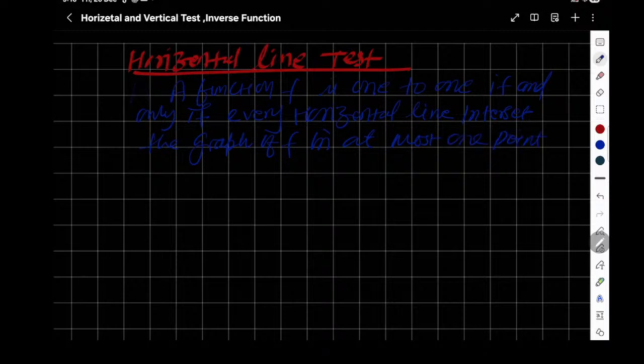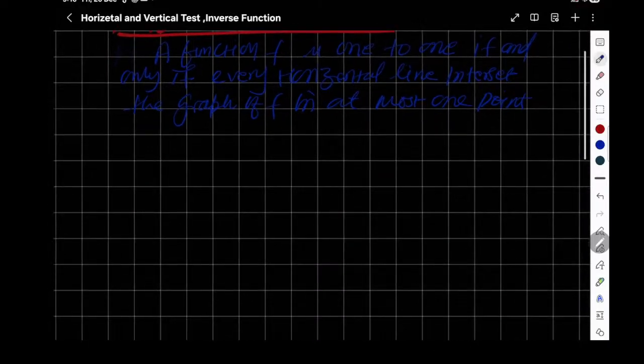That means if the graph intersects at most one point, that is called the horizontal line test.